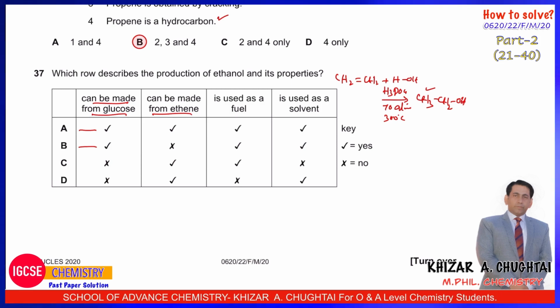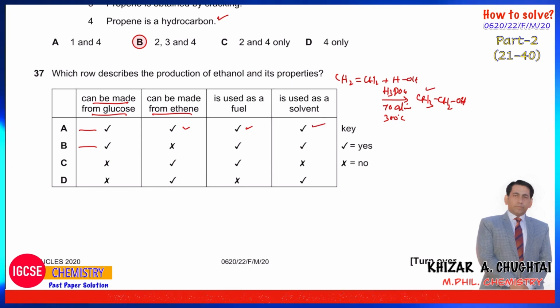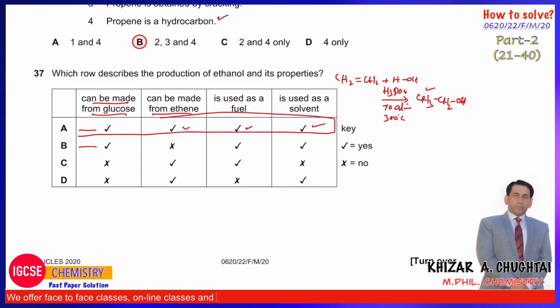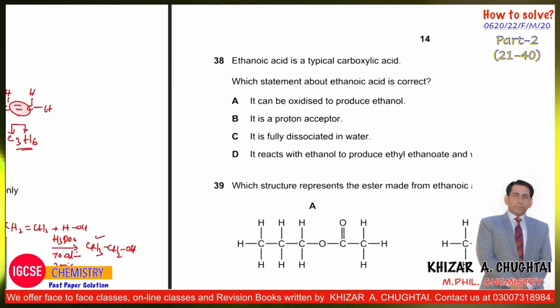That is called an addition reaction, addition of water, and it is said to be the hydration of ethene. So that is correct. It is used as fuel. Yes, ethanol can be used as a fuel, and it is also used as a solvent. The first row is the correct one, right? So A is the correct option.